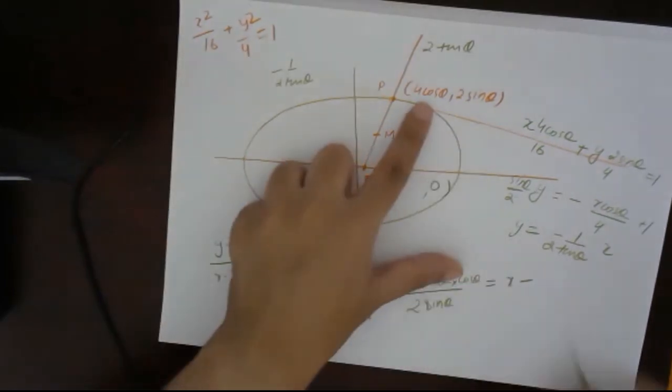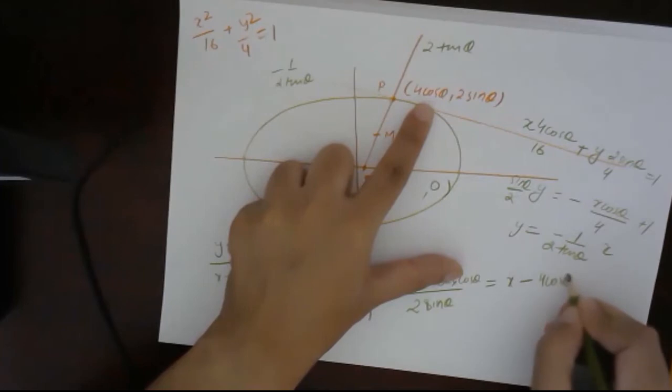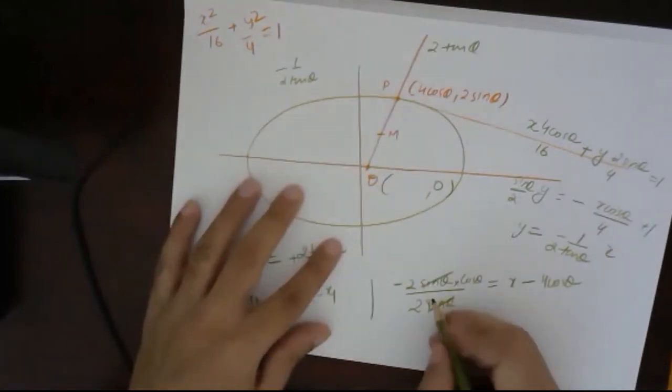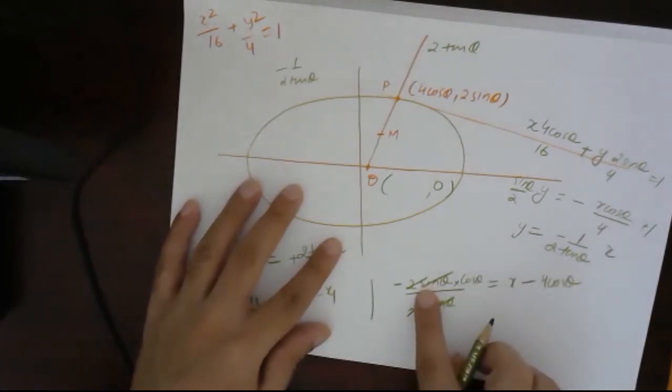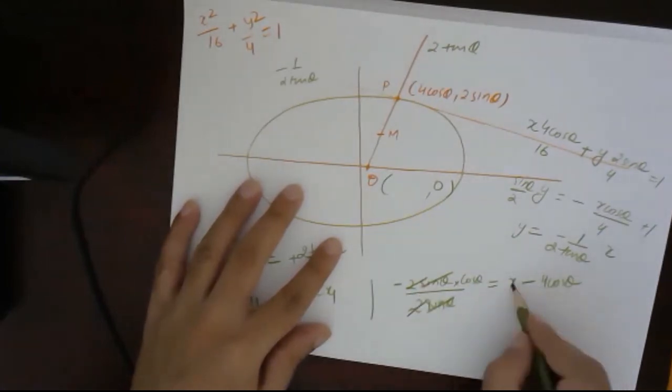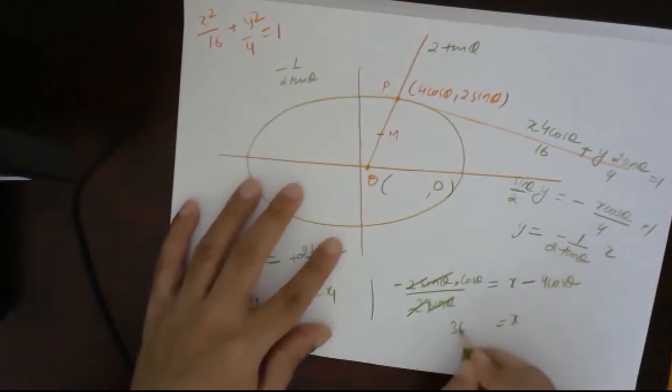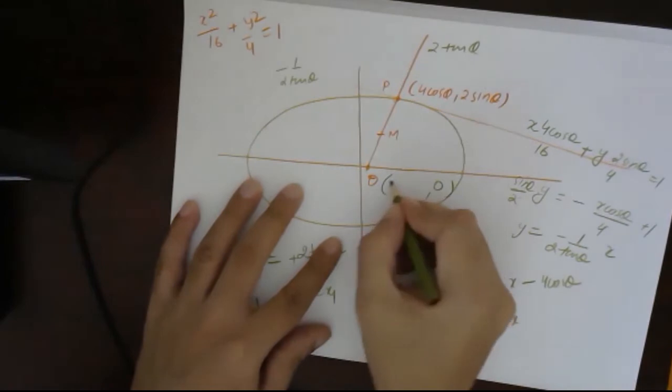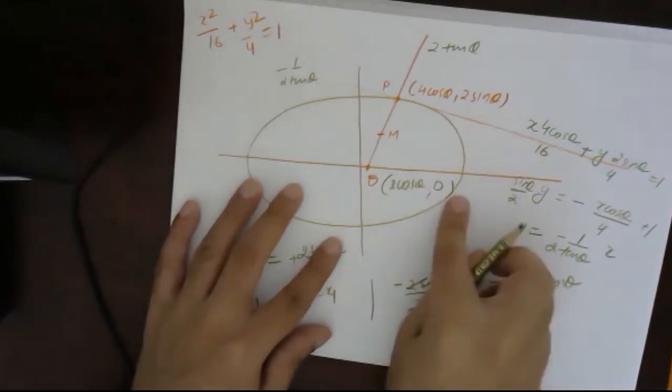X1 is 4 cos theta. The 2 sin theta gets cancelled, so this is minus cos theta. If I take it there, x will become 3 cos theta. So this becomes 3 cos theta, comma 0.